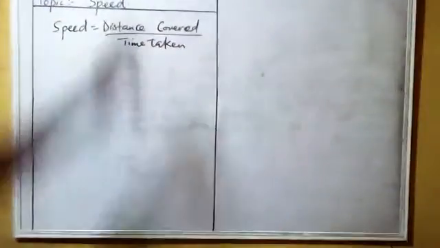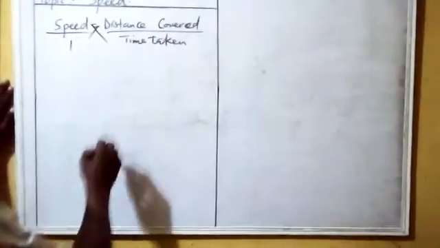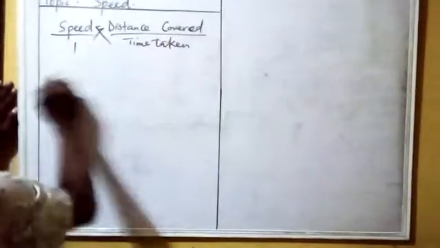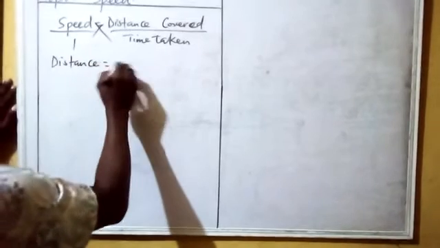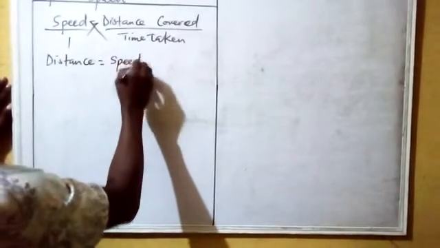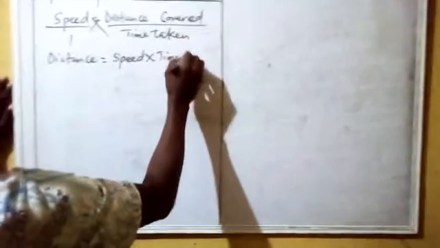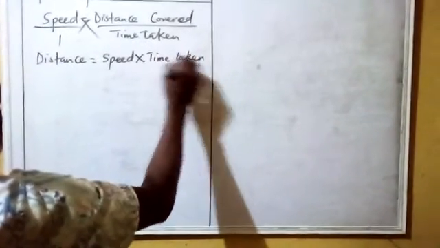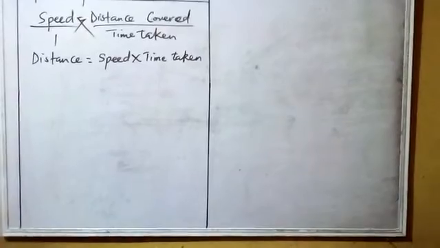Now, if we have to look for distance, all we need to do is make distance the subject of the formula and cross multiply. This will multiply this, and this will multiply this. So distance now equals speed times time taken. That's the formula for distance.